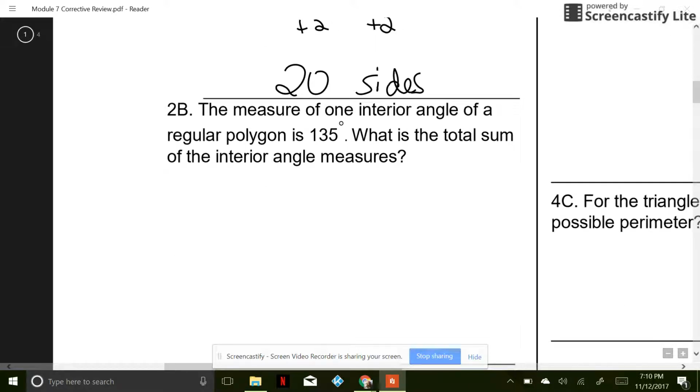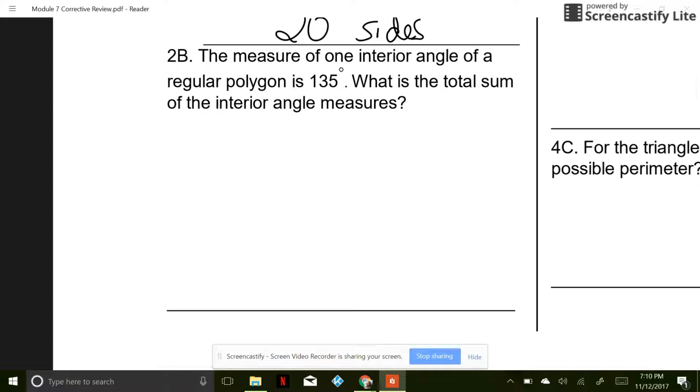The measure of one interior angle of a regular polygon is 135 degrees. What is the total sum of the interior angle measures? This is similar to what we did in part 1b. We found the sum of the angle measures divided by the number of sides and angles, and that should be equal to what one interior angle of a regular polygon is.